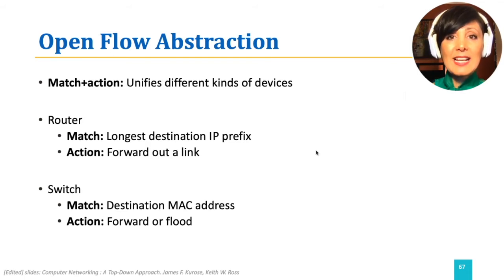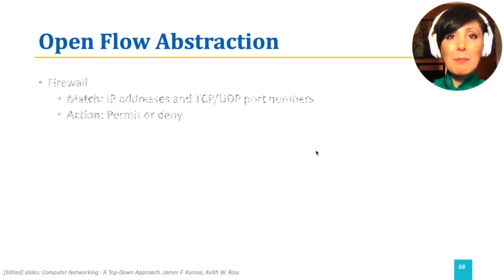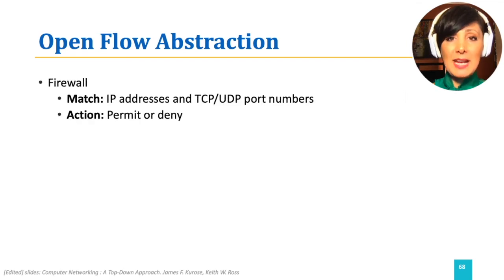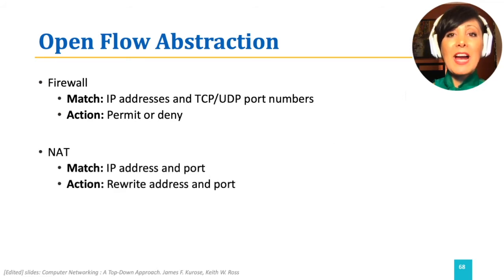It can act as a firewall when matching is performed based on IP addresses or TCP or UDP port numbers, and the action is permit or deny. And it can act as a network address translation router when match is performed based on IP address and port, and the action is rewriting the address and port.